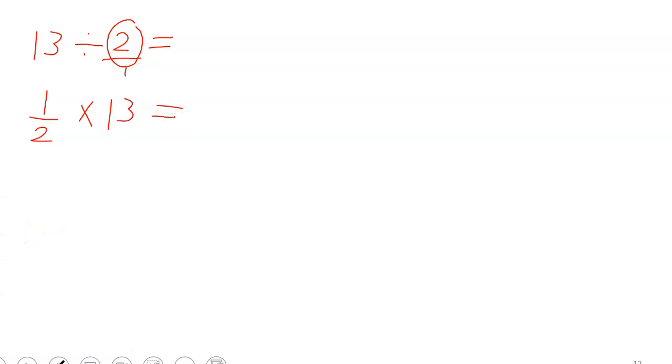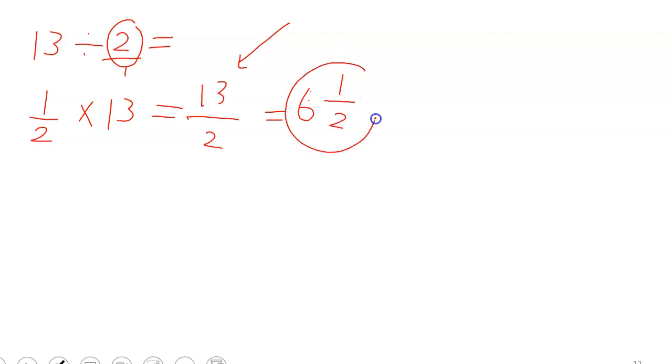Now 1 times 13 is 13 over 2. Now you notice the numerator is greater, so you can make whole numbers. Every 2 out of 2 is 1 whole. So how many 2 in 13? There are 6 twos. And what is the remainder? 6 times 2 is 12. The remainder is 1 over 2. So the answer is 6 and a half.